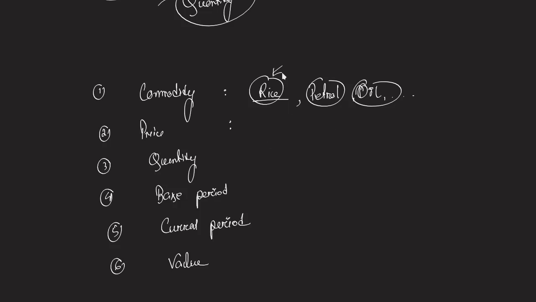So rice is measured, let's say, in terms of kg. This will be in terms of liter, this will be in terms of liter. So for each unit, how much it costs, let's say the rice price is 38 per kg. So that is the price. This is right now 87 rupees per liter. Or this cooking oil normally is right now 143 per liter, right?